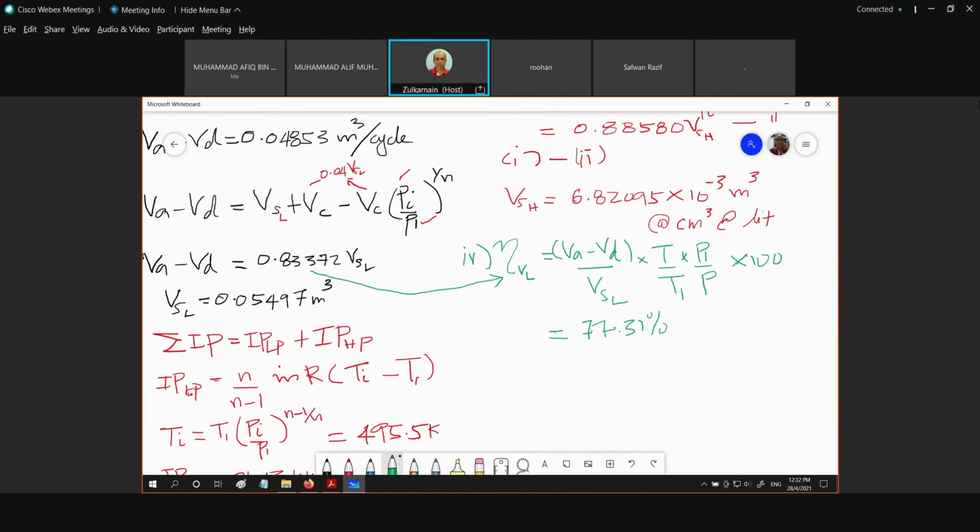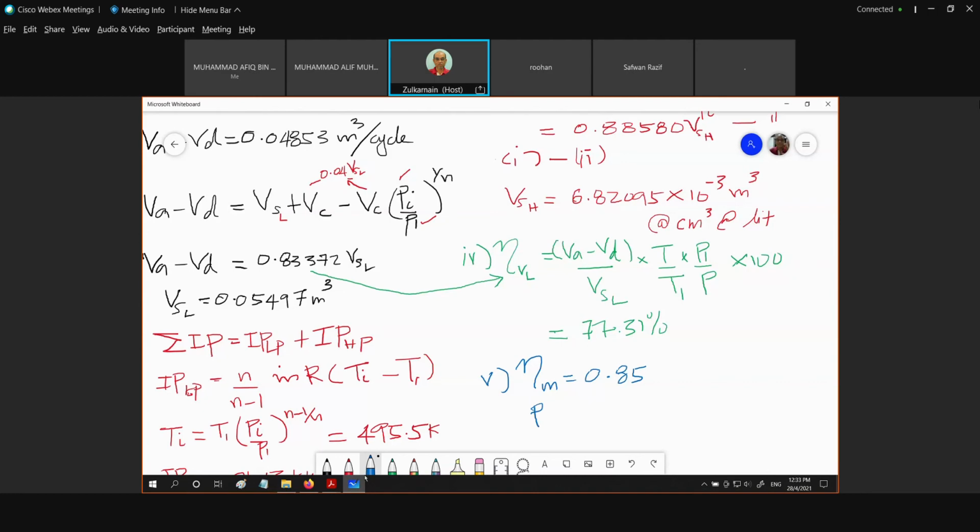Next is to get the power of the motor. Given in question number 5, the mechanical efficiency as 0.85, we need to get the power of the motor.